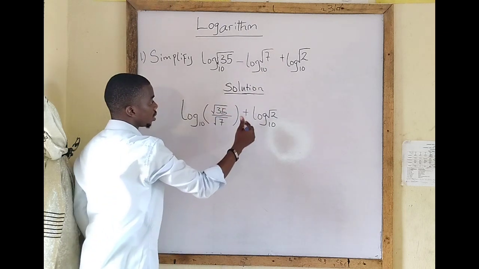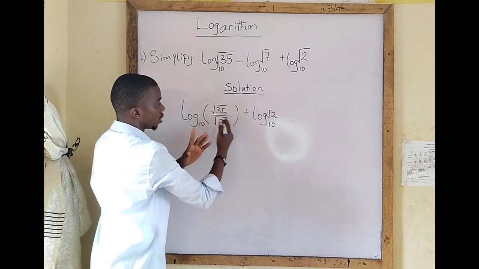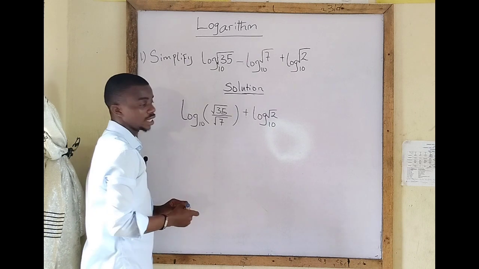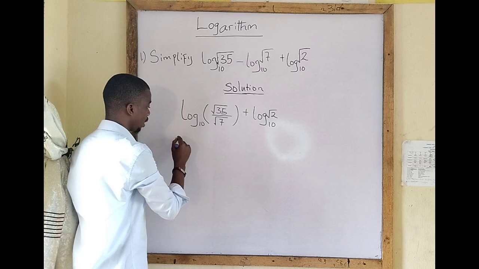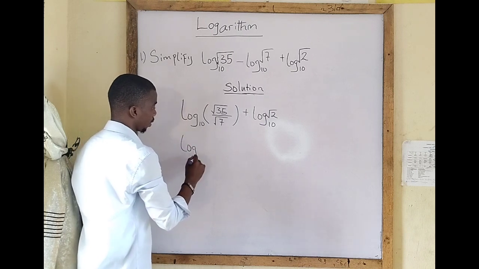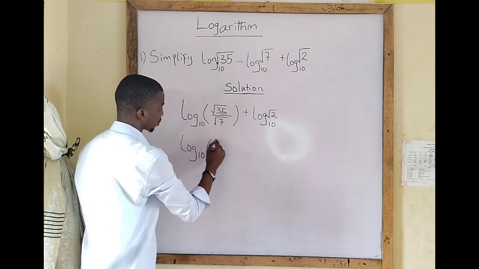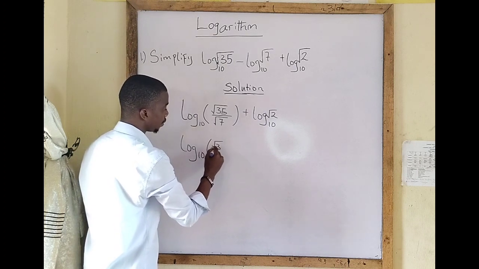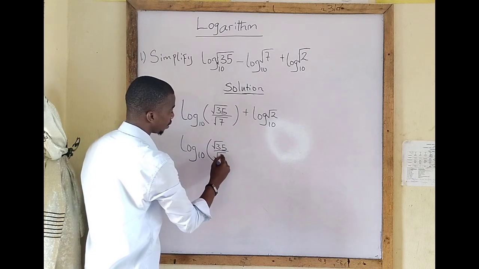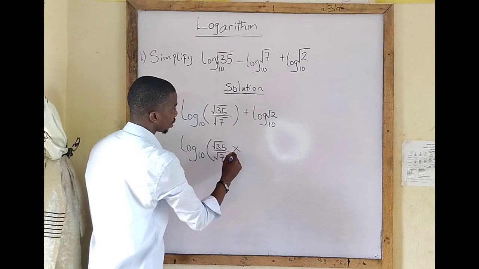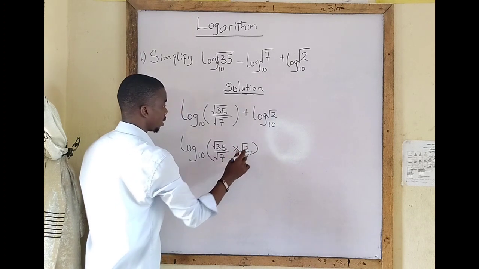The rule says whenever you have two logs being added together, you take the logs to a single base and multiply them. So we are going to apply the addition rule here. So we have log base 10 of bracket root 35 all over root 7 times root 2.